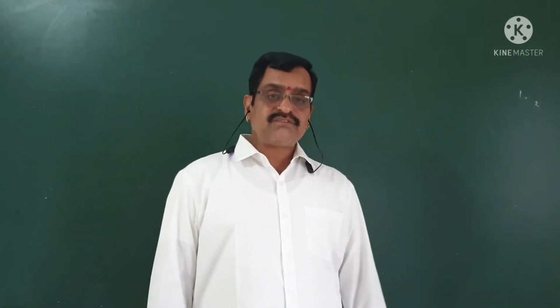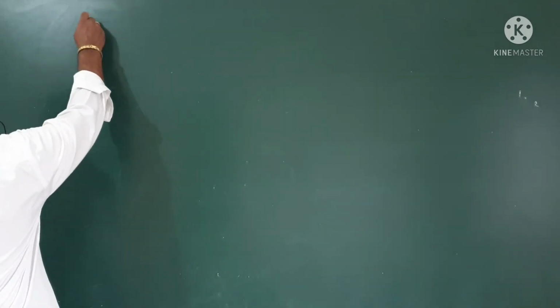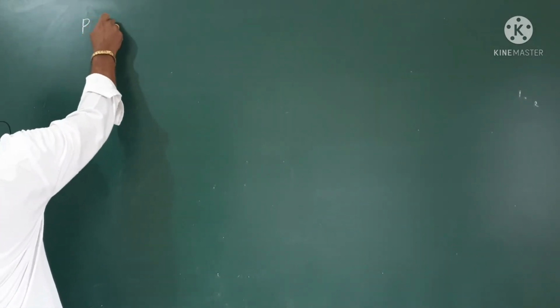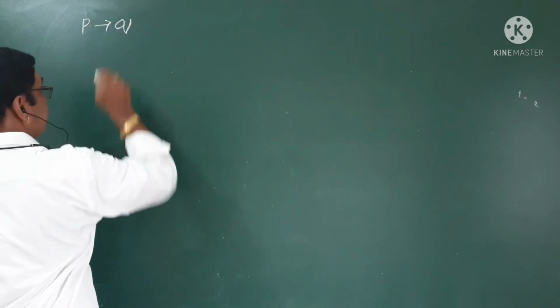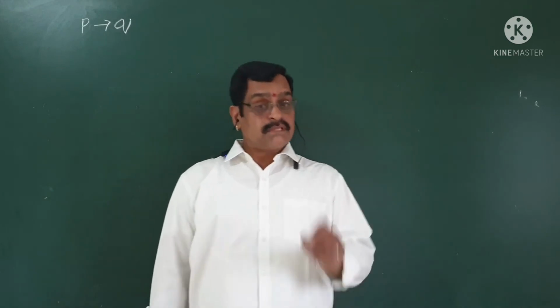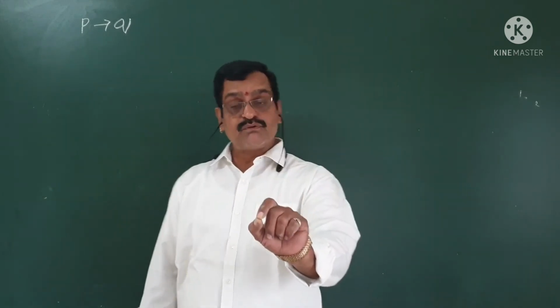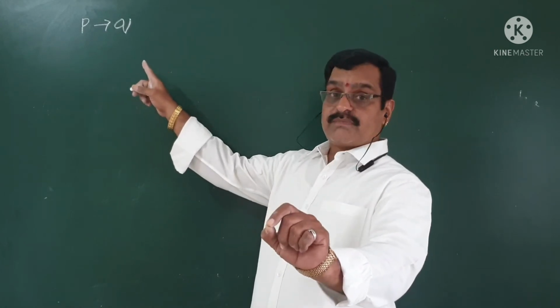The next concept is when a statement P implies Q, which is called a conditional statement. How do you write the inverse, converse, and the contrapositive of a conditional statement?